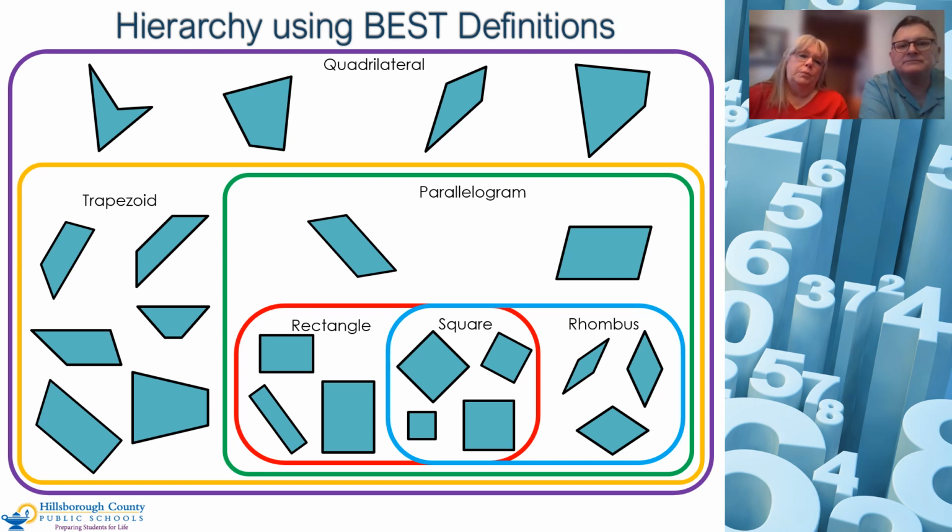The green loop includes all of the parallelograms. Parallelograms include rectangles, squares, and rhombi as well because they have two pairs of parallel sides. The red loop is the rectangles, and within the rectangles I have a subcategory of square, because squares fit the definition of rectangle, but they have one additional defining attribute of the congruent sides. Same thing with the rhombus, that blue loop.